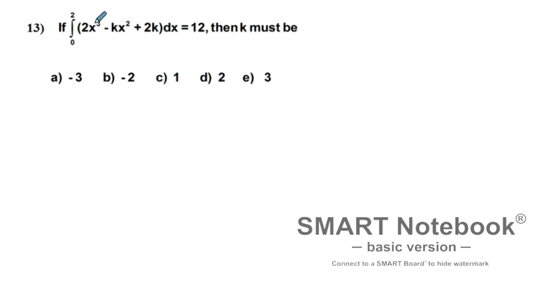It looks like we're going to get bigger numbers as our input values get bigger because of the way this integral is constructed, 2x cubed plus kx squared plus 2k. So I would start at 1, and if that has to be less than 12, you could try the other choices, D and E. That would be a calculator strategy.